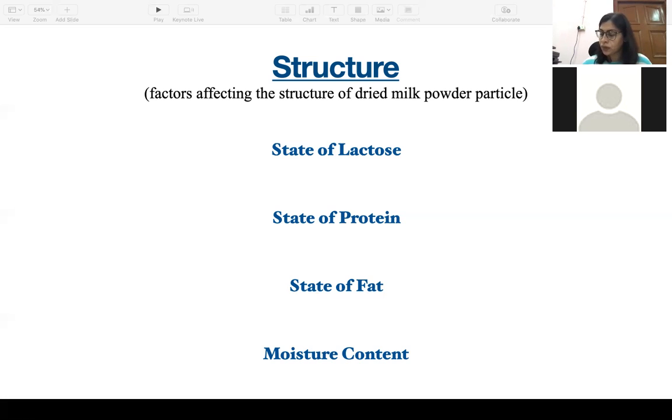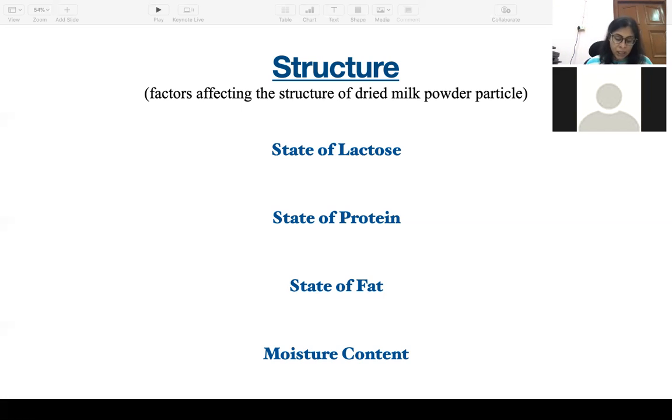But if we do not store the spray dried milk powder in proper ways, then what happens? The content of free fat particles increases, which leads to degenerative changes such as oxidation and rancidity. Clear?